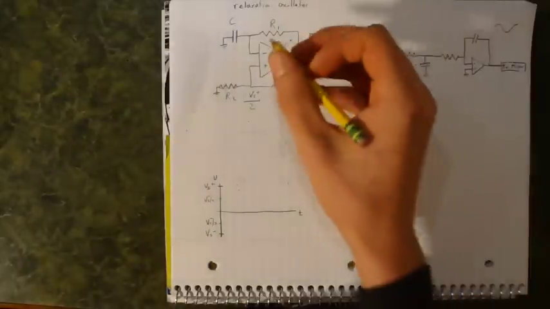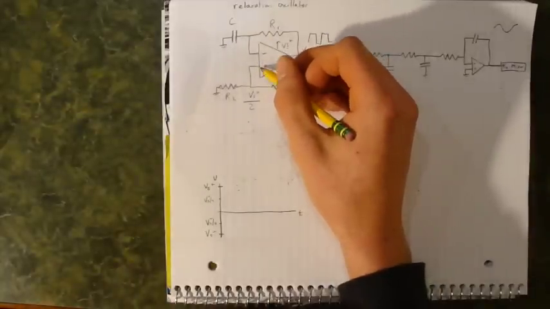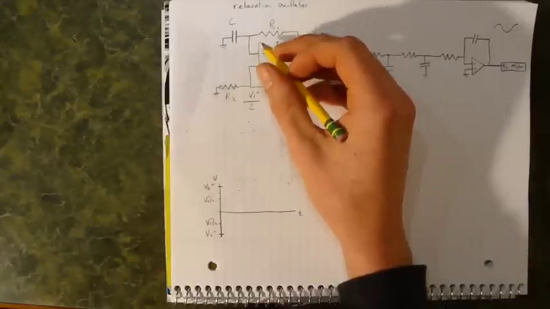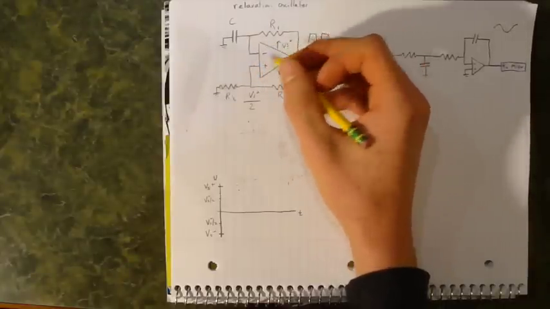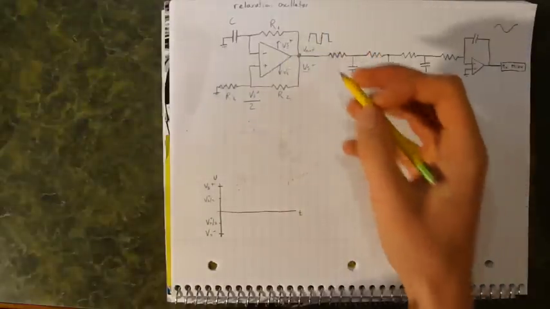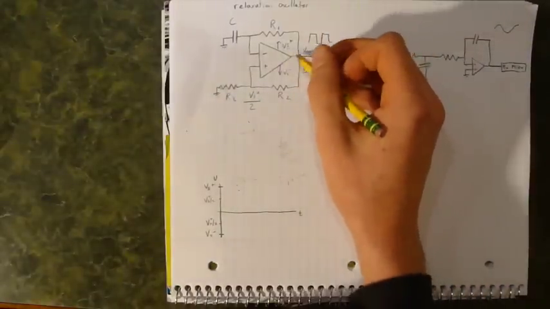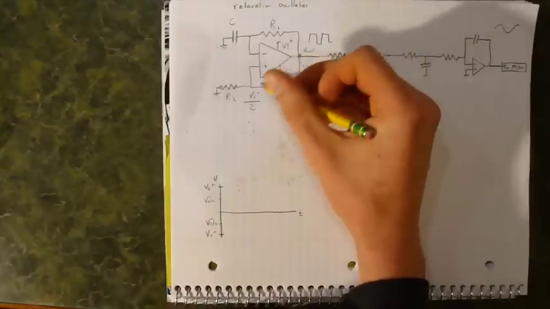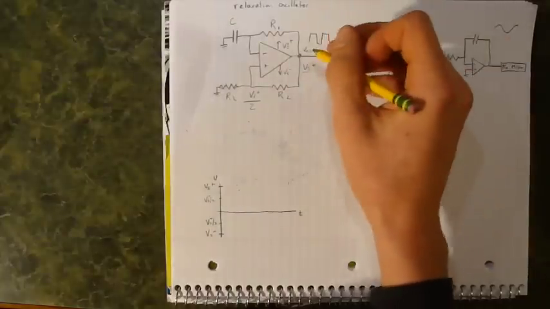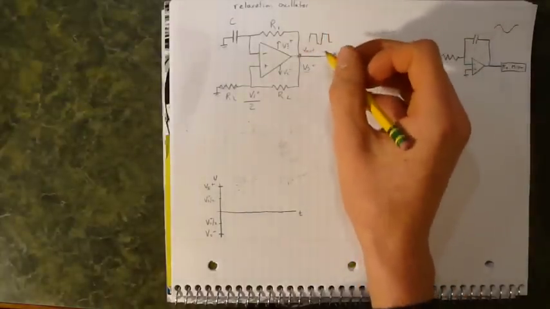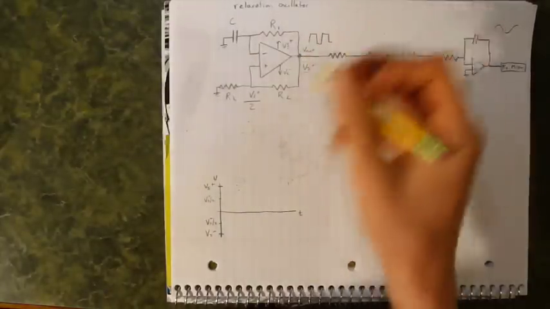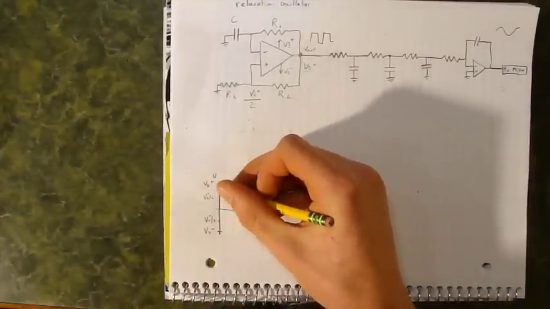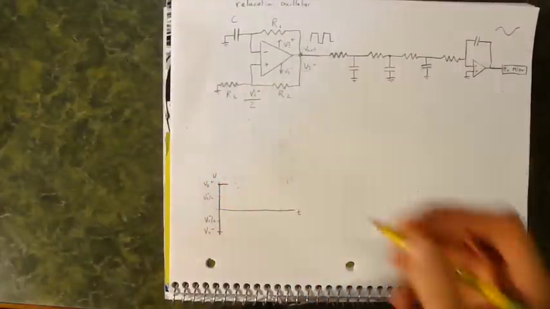And let's assume that at one point in time, the V positive pin becomes slightly more charged than the V negative pin. If this were to happen, and this were an ideal op amp, this would cause the output to shoot up in voltage. And this will amplify the output voltage because of positive feedback, and instantly the V out will shoot all the way up to Vs. So it'll go from 0 to Vs almost instantly.